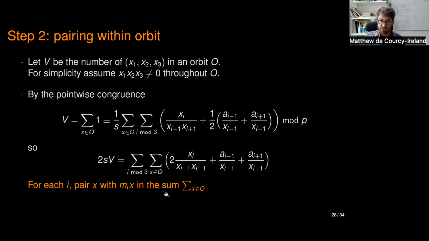So step 2 is to do that inner sum over the orbit by pairing each x with mix, where i is chosen, and you do it one at a time in the sum over all i. So that's step 2, and the simplification is going to be that when you pair them up, each pair basically contributes the same thing. It no longer depends on x.